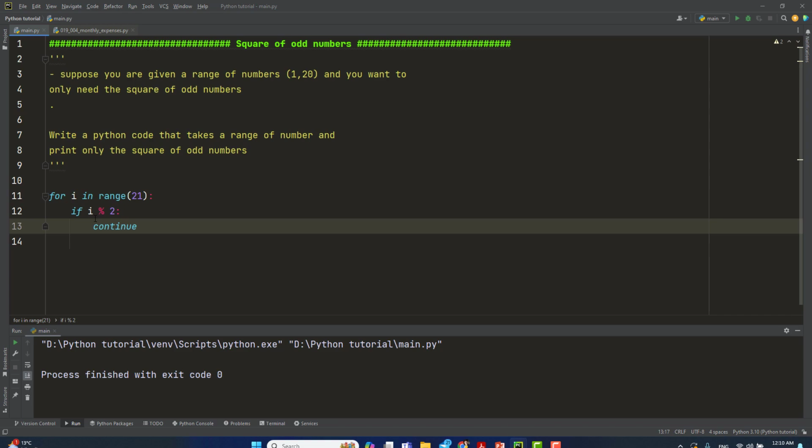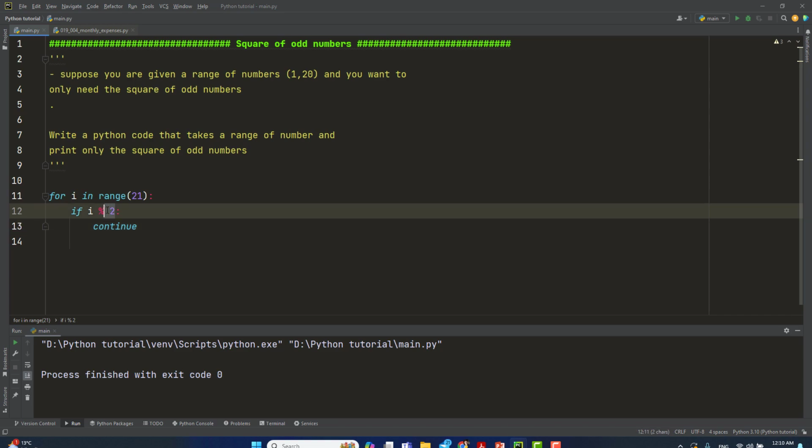If number modulo 2 equals 0, then I do not need this integer, because any number that can be divided by 2 will have no remainder as a result of the division.